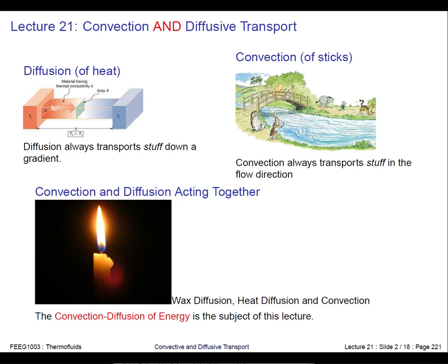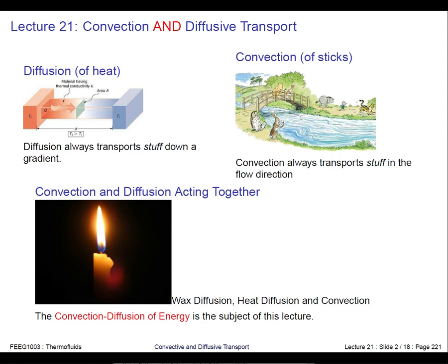Okay, so in the example of Poohsticks, it's the stick and the river. The river's velocity is transporting the stick down the river, and if you win the game, your stick gets transported faster by convection than your friends'.